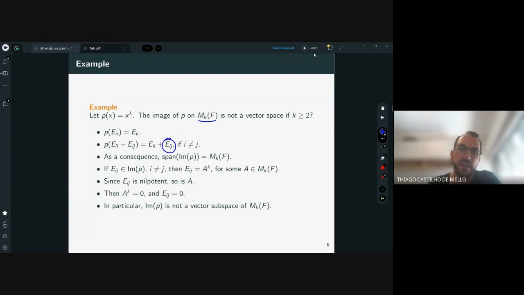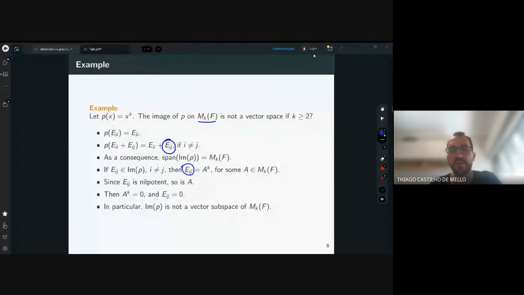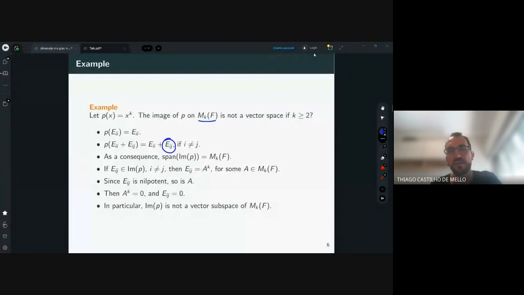If it's in the image, it would be written this way for some matrix A, because the polynomial is this. But this one is nilpotent, so A would be nilpotent. But the nilpotency index of a matrix here is bounded by k, so A to the k would be 0, and this would be 0. That's a contradiction. So this is not a vector space. This is just to show an example of a polynomial whose image is not a vector space.